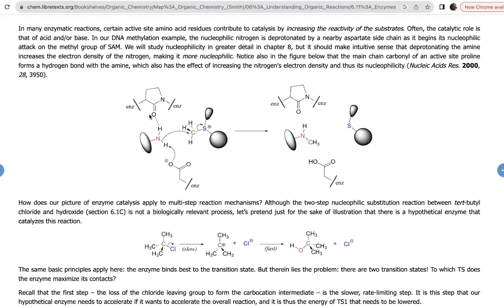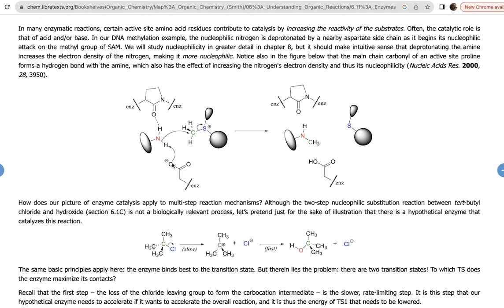Remember that usually in secondary structure, that carbonyl oxygen would form a hydrogen bond to an amino group on another chain. We also talked about how proline doesn't have that hydrogen on its nitrogen because it's taken up with the side chain. But that carbonyl oxygen can still contribute to hydrogen bonding, and in this case, it's hydrogen bonding to this amine group on our DNA.